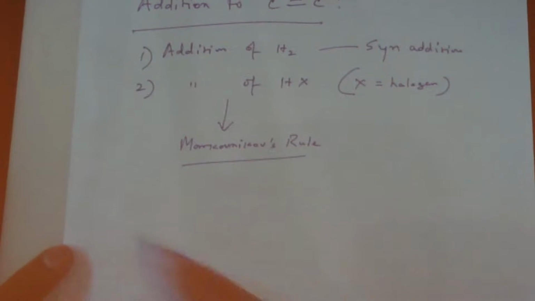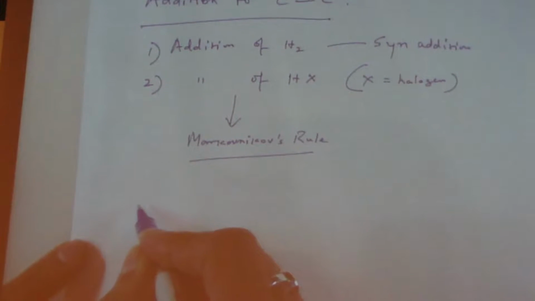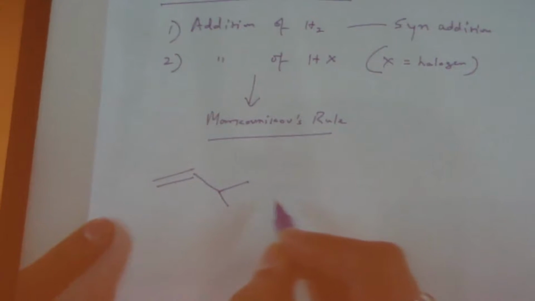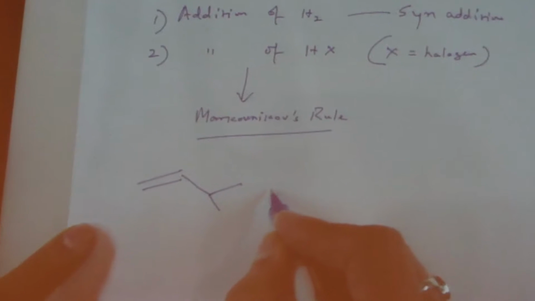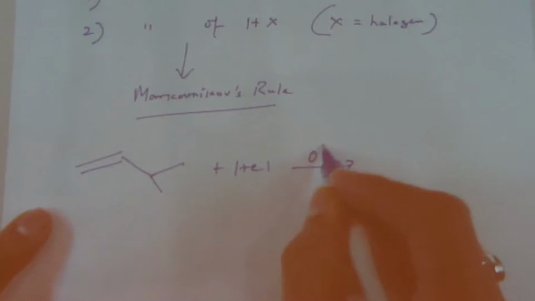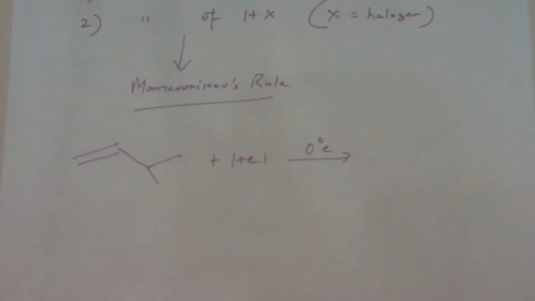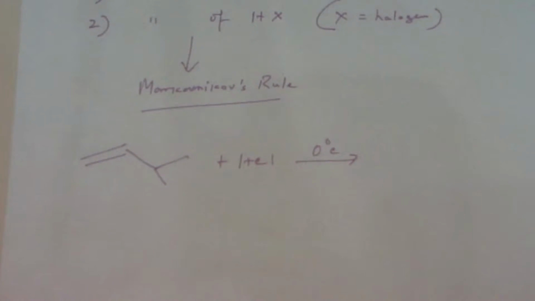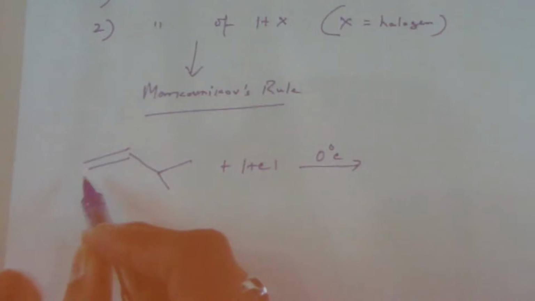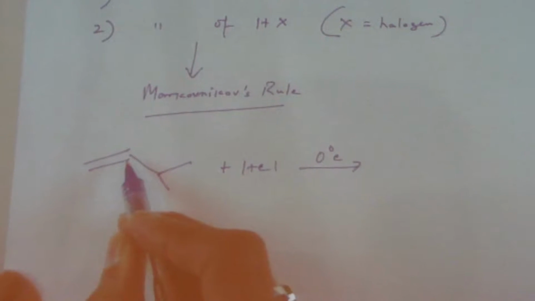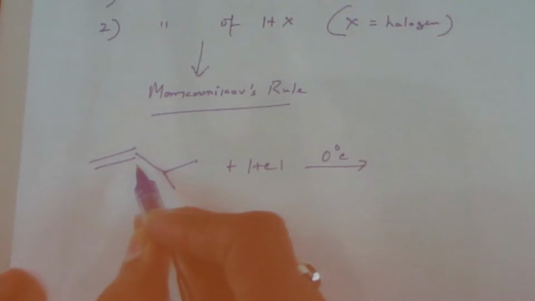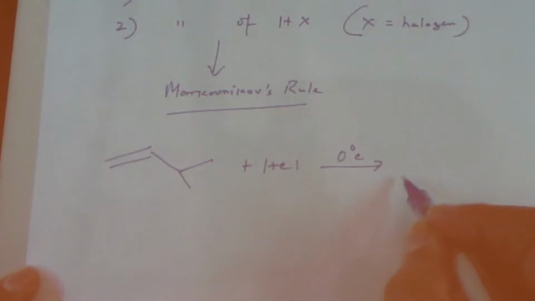An example of that is, let's say, if you have this particular alkene where you added, let's say, hydrogen chloride, and it can be carried out at a very low temperature. The expected product, according to Markovnikov's rule, is that the hydrogen would add on to the end because that has CH2 and this is CH. Therefore, with more hydrogens here, the hydrogen adds on there, and therefore chlorine would go here. So this is the expected product.